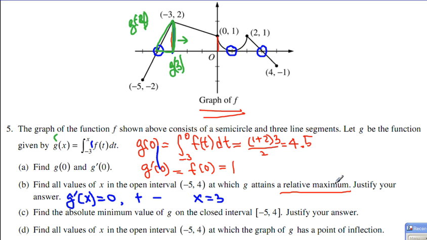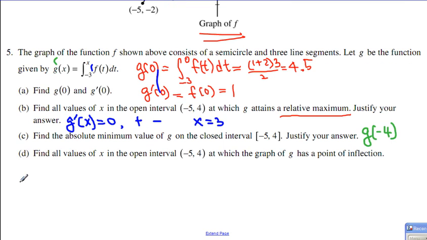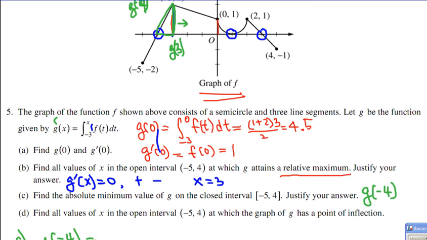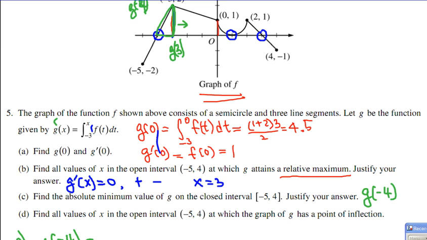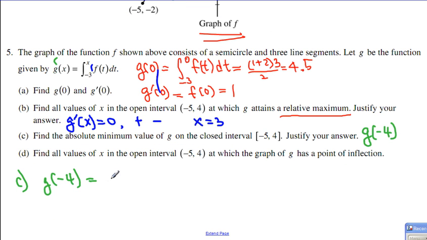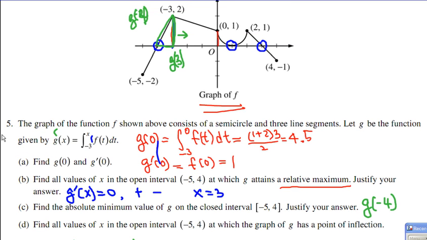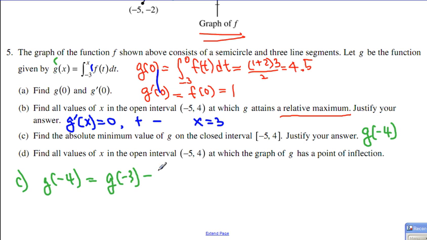So our absolute minimum here becomes g of negative 4, as you can see, that's the only minimum value anyway, minus the area of the triangle, which is simply equal to 1.